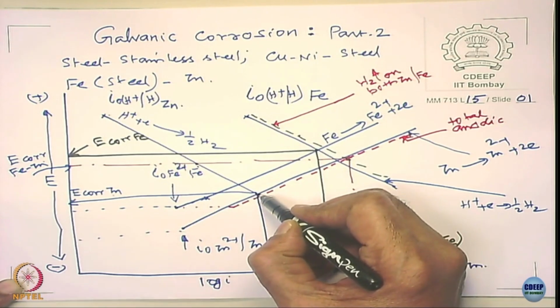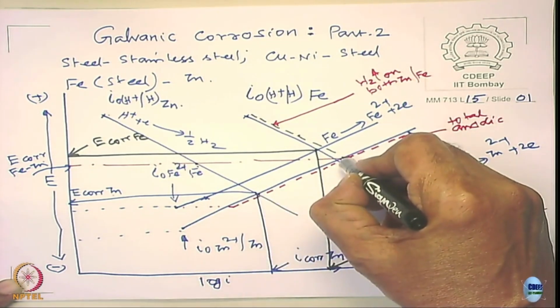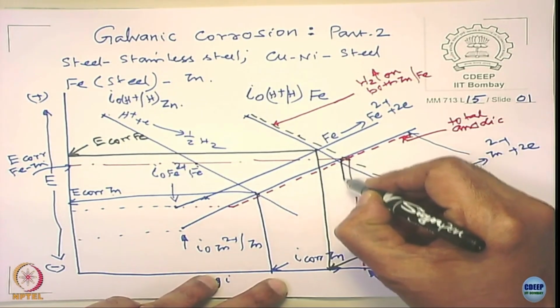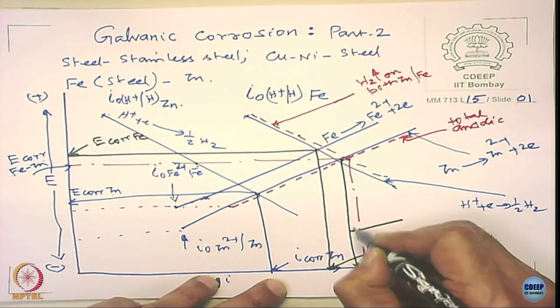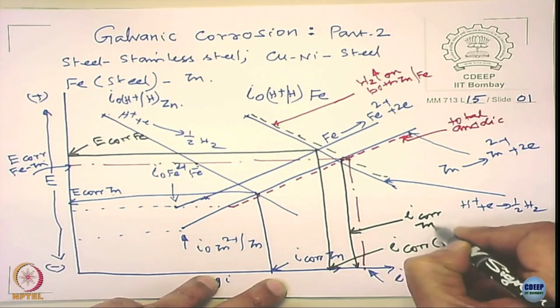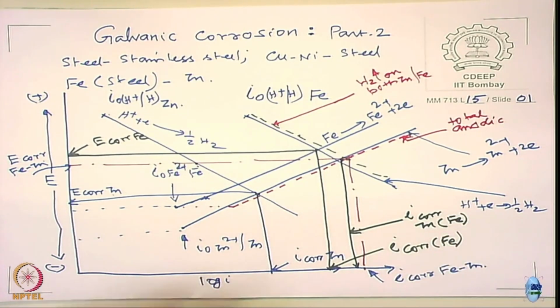The corrosion of zinc is moving from here to this value, am I right? So zinc is now getting oxidized more. So this is the i corr of zinc when coupled with iron, right?